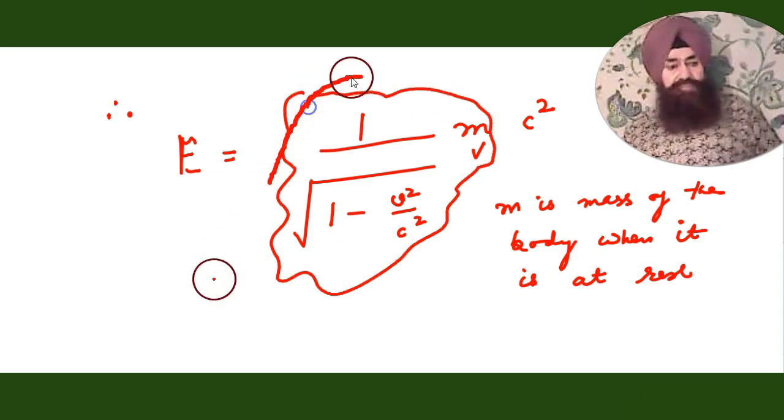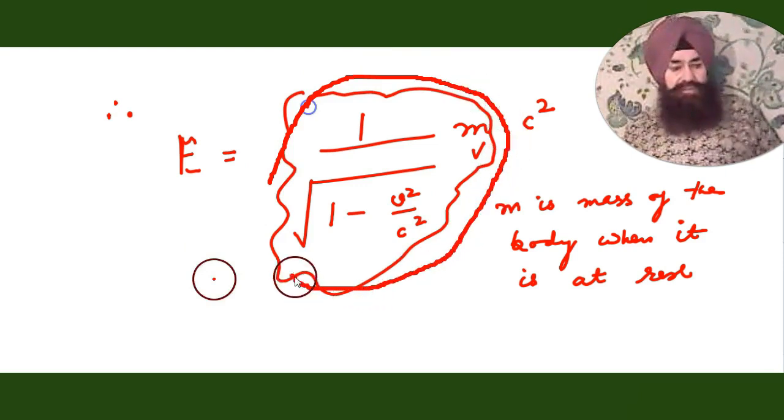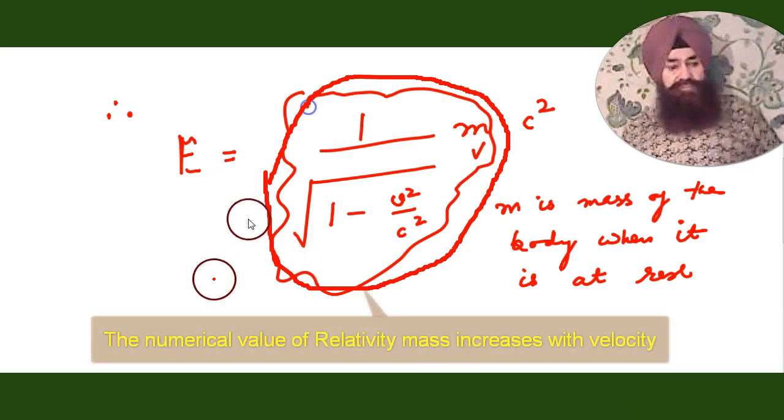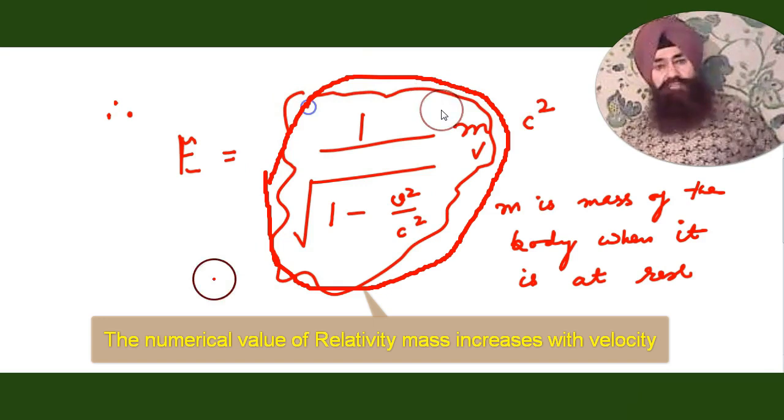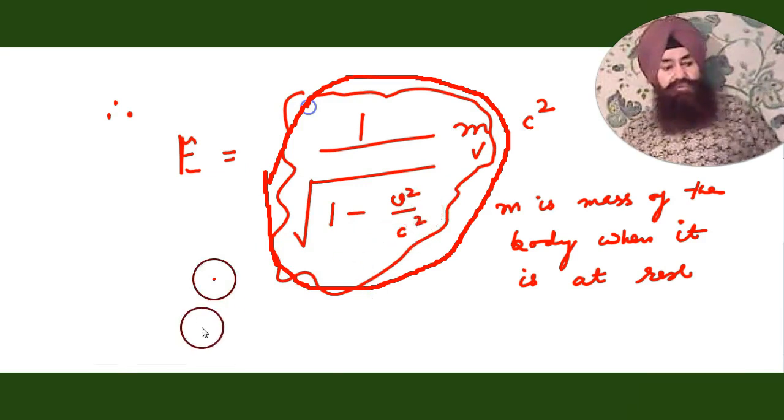This whole term also represents mass, but the mass which is moving. When the mass moves, its value no longer remains small m. Now when the mass moves, its value becomes m upon the root of 1 minus v square upon c square.